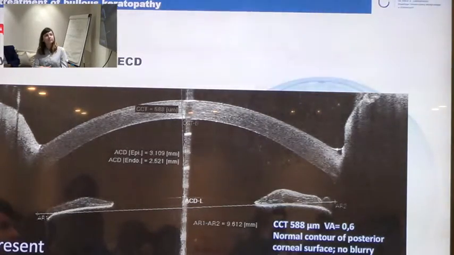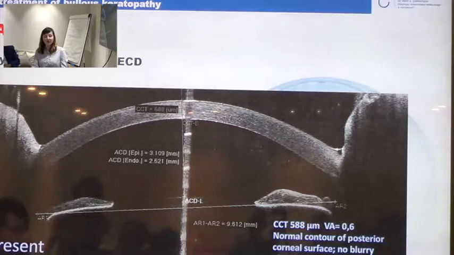And this scan is taken around 1 year after. She wasn't using those contact lenses after she noted that there was no blurry vision anymore. But she told me that she still keeps 1 lens just to be safe.